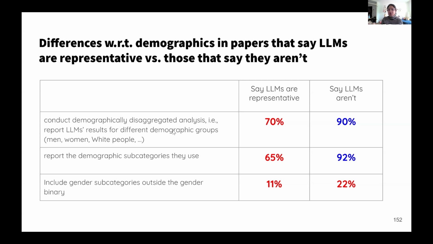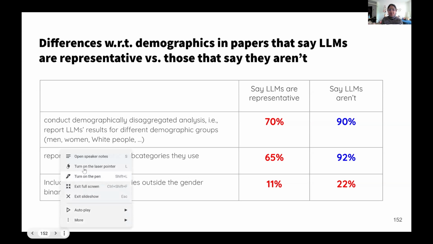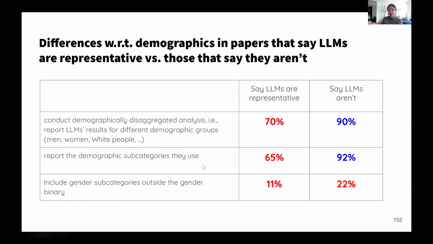They just give some type of overall representativeness metric. They don't report the subcategories that they use, oftentimes more. And they also, well, both of these types of papers rarely include gender subcategories beyond binary gender.